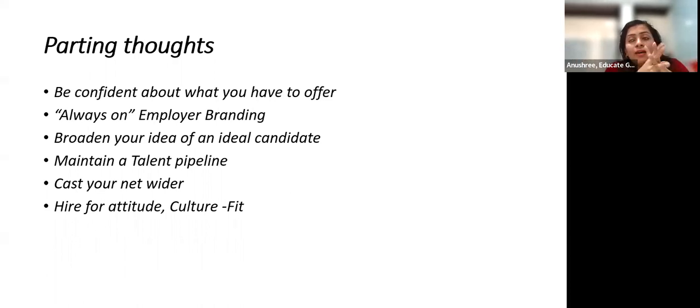Cast your net wider. As I said, there are multiple challenges in hiring in the social sector, but the wider you cast your net, the more talent can be attracted. And hire for attitude and culture fit. That's what we've always been talking about. So that's it. There's less interaction, but hopefully we can take the questions that you may have, and I'm happy to answer them.